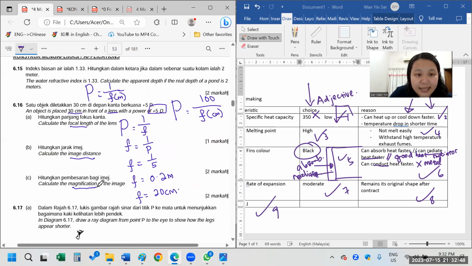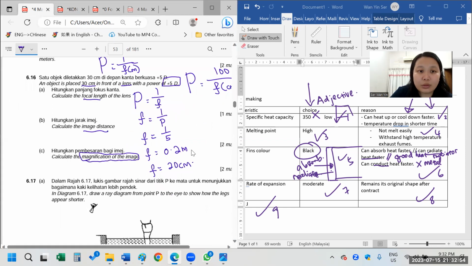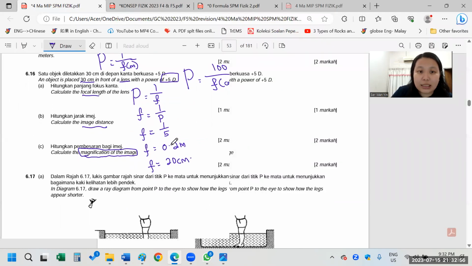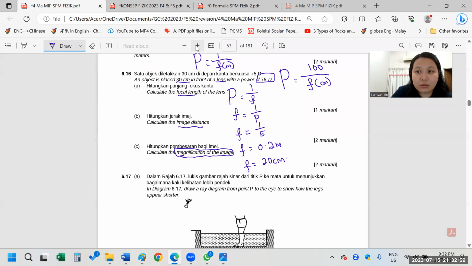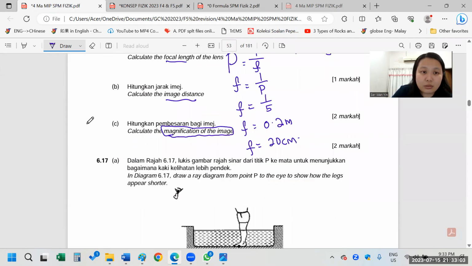Now, magnification of the image. Actually it is the same as your magnification. So K equals to PA prime over PA.